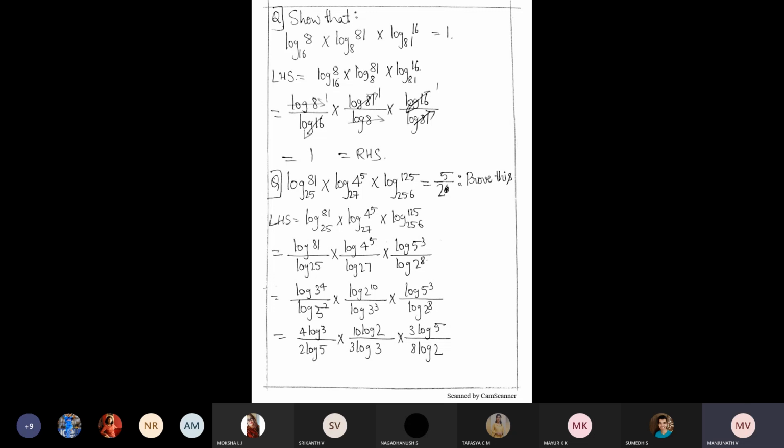You have to prove LHS is equal to RHS is equal to 5 by 2. Prove that LHS is equal to RHS is equal to 5 by 2. It is all based on suitable applications. That's it. Application of laws of logarithms. 5 or 6 laws are there and you have to use them rightly. Aptly, you can say.